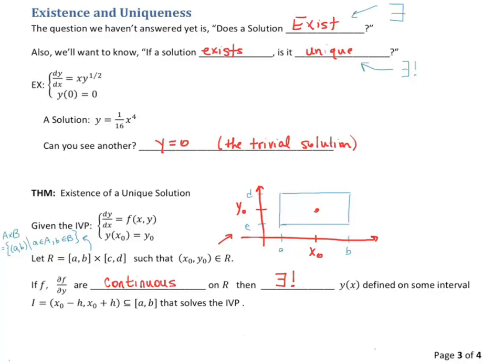We know there's a y that is a solution there. The little width of this interval right here is h. It's got to be somewhere inside there. We know that there is some interval around that where there is a solution, and that solution is unique. By the way, I refer to that interval I as our interval of definition.